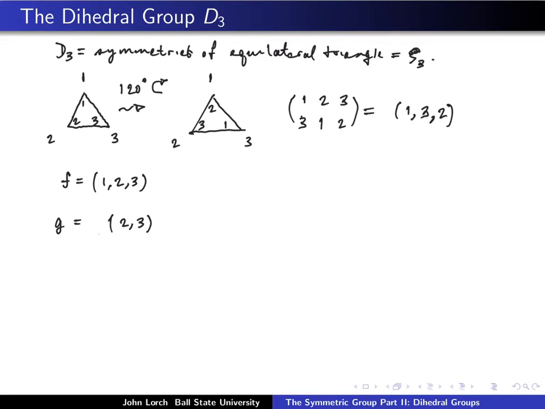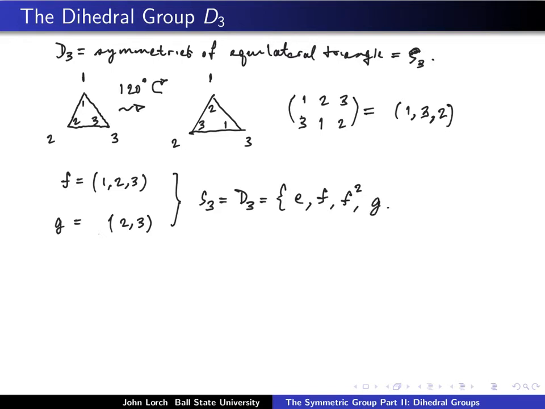So if we let F be this rotation and G be this flip, what we can see is that D3 turns out to be this collection of things. So it's the identity, it's the 120 degree rotation F, it's F composed with itself, F squared, which is just the 120 degree rotation the other way.